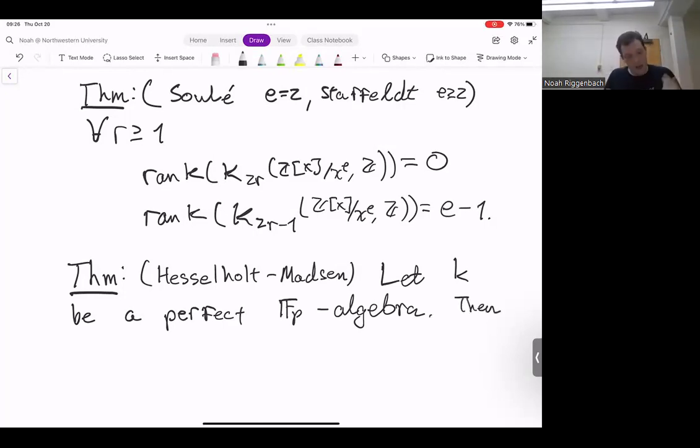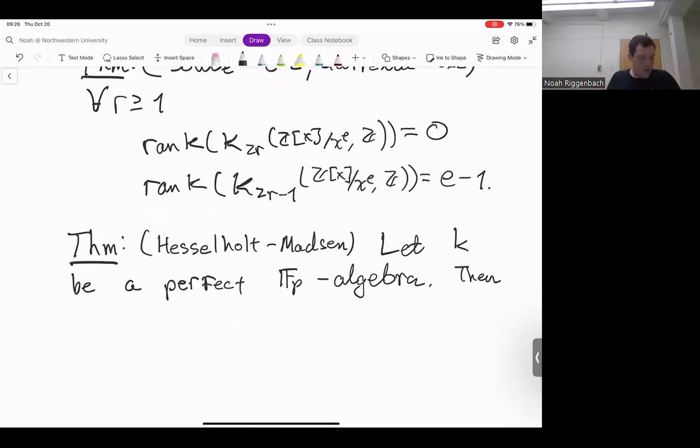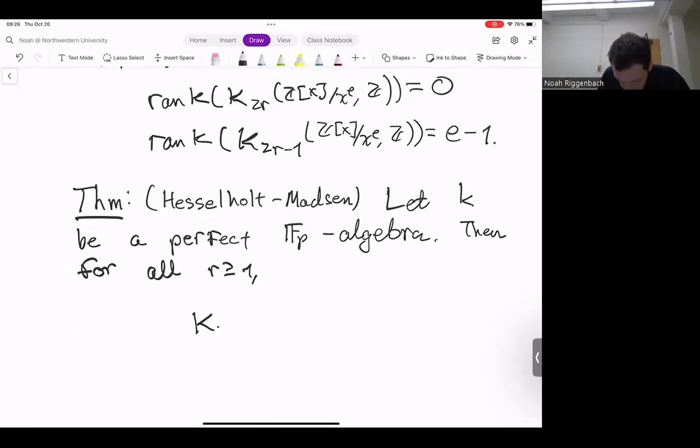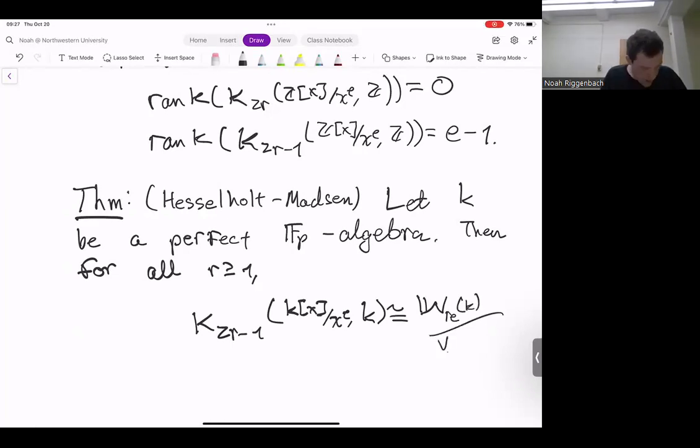Then they actually computed a very concrete representation of these groups. Then for all r greater than or equal to 1, we have that the relative odd K groups of k adjoin x mod x to the e relative to k are the big Witt vectors of length re on k modulo the image of the eth Verschiebung.